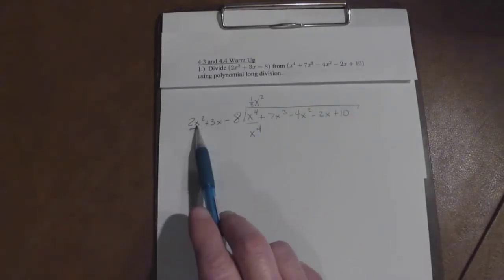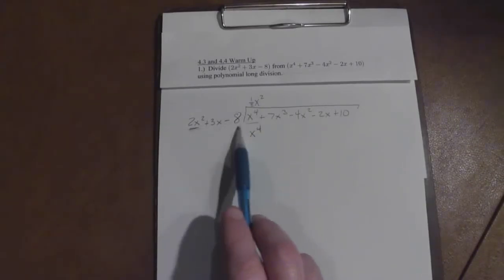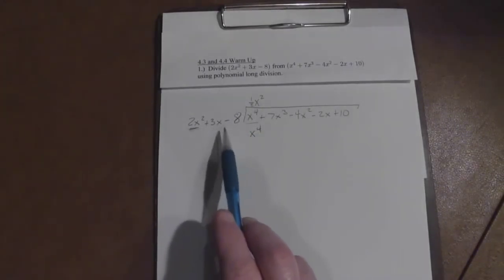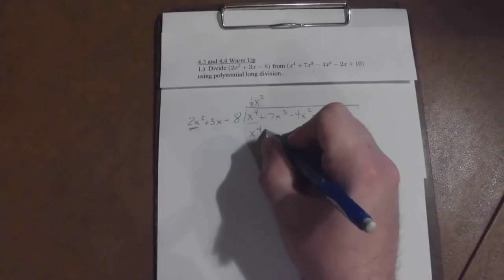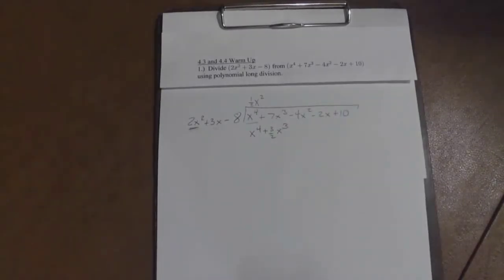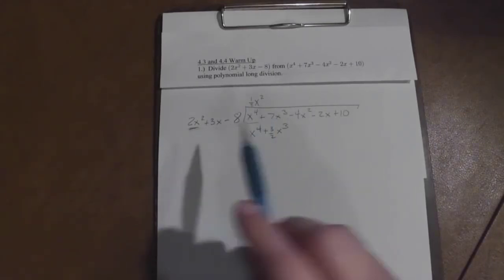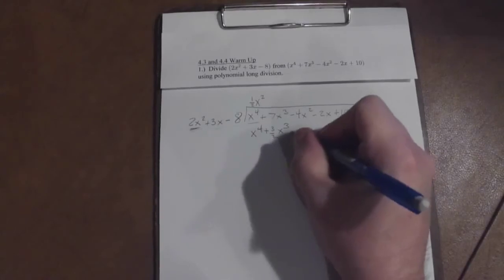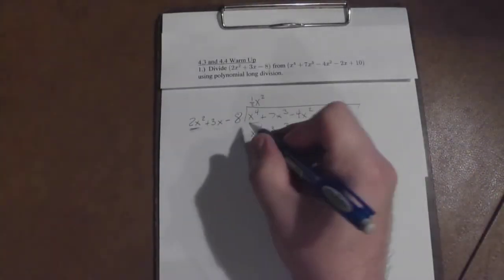Now, in the long division process, not only do we multiply this first quantity by that 1/2 x squared, we continue to multiply the other terms of our divisor by that quantity. So 1/2 x squared times 3x is actually plus 3/2 x cubed, and the 1/2 x squared times the minus 8 will result in the quantity minus 4x squared.